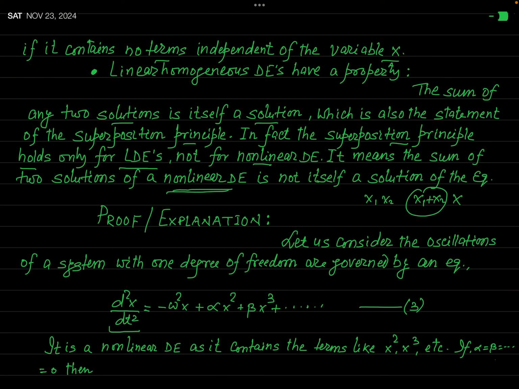d2x by dt square is equal to minus omega square x plus alpha x square plus beta x cube plus so on. You know, if alpha x square, beta x cube and the other higher terms are not present, your equation is only d2x by dt square equal to minus omega square x.